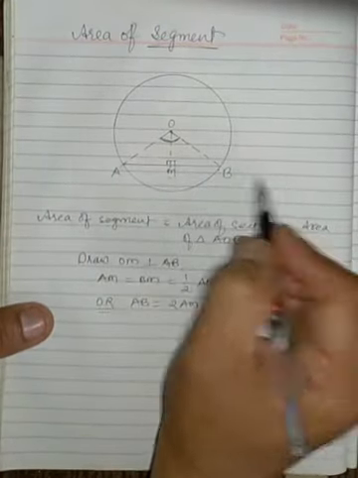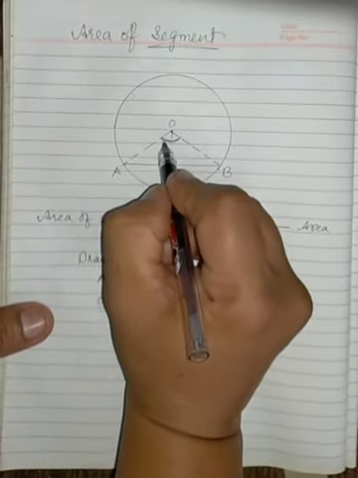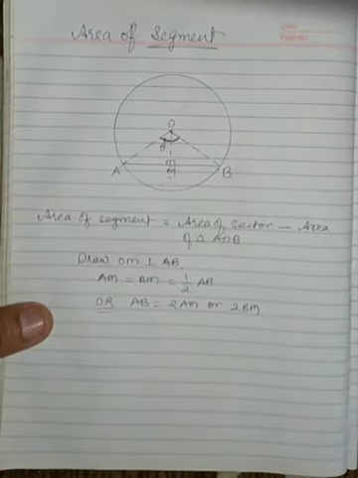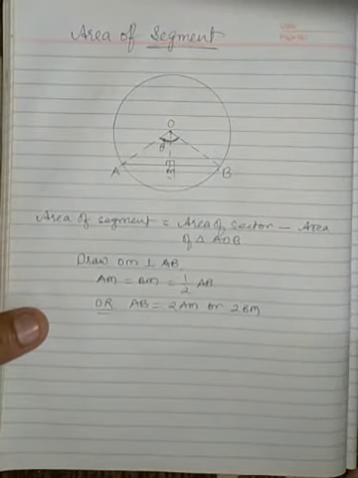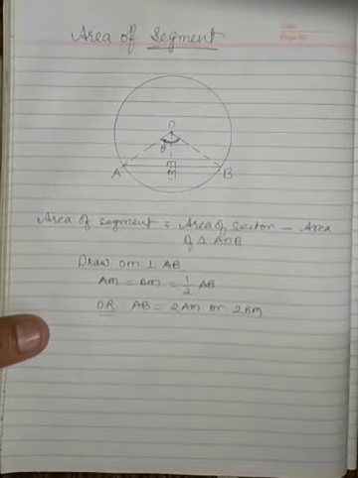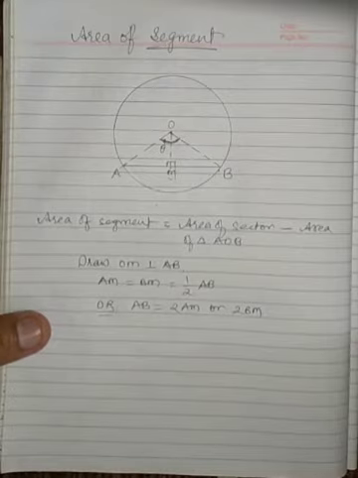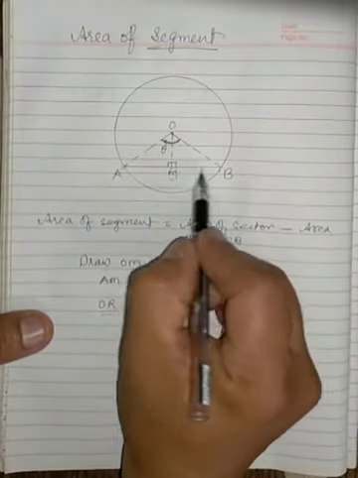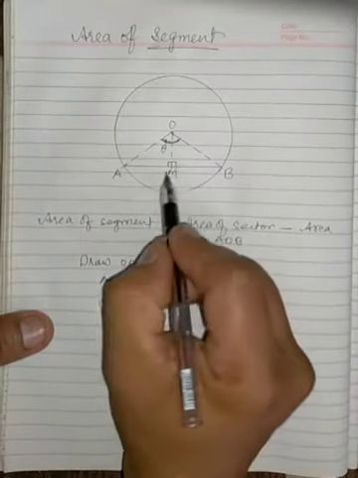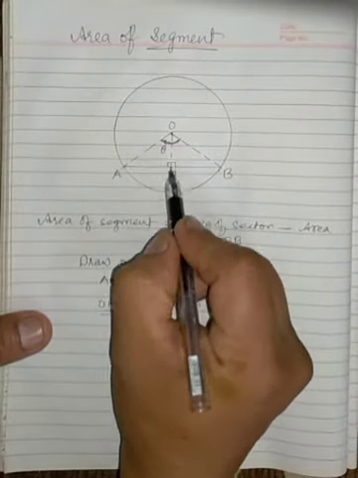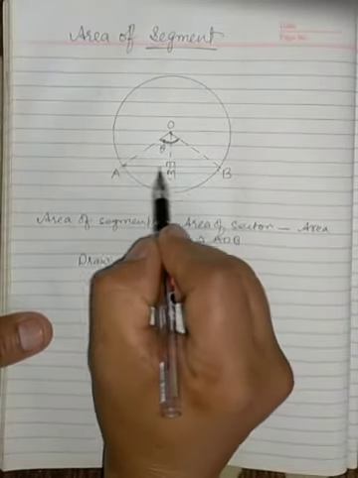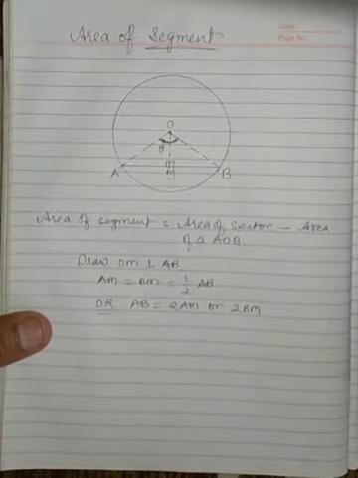Now if we are using triangle AOM, let this bisected angle be theta. To find the area of the triangle, we use half into base into height, where base is AB and height is OM. And since the lengths of AB and OM will not be given in the question, we will find the lengths of AM and OM.